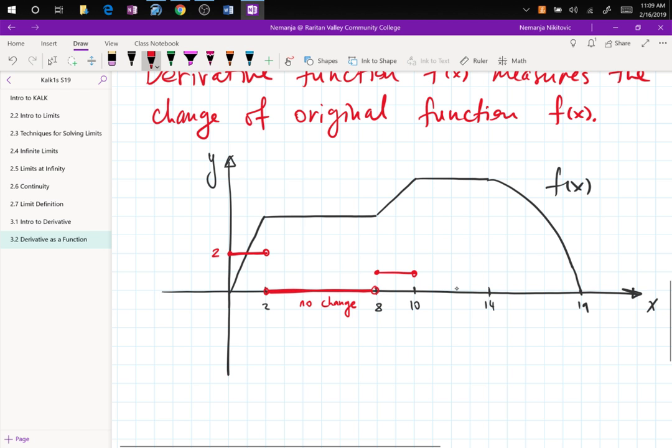Another 0, because there is no change. Again, no change. That's that part. And now what happens for the last portion?